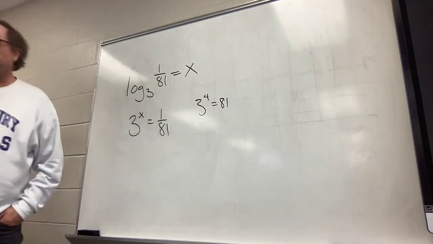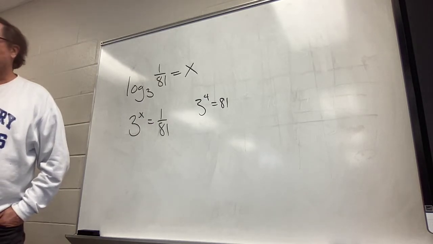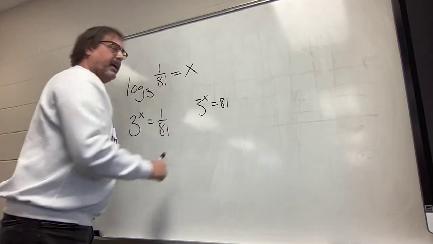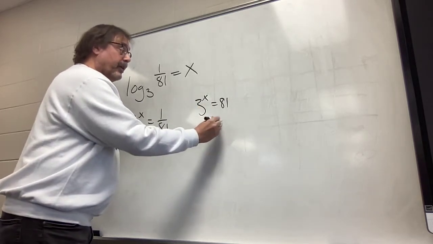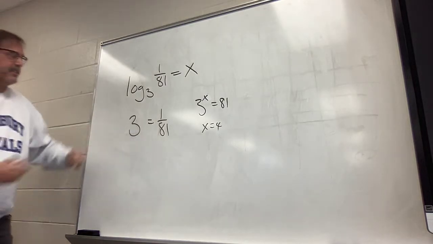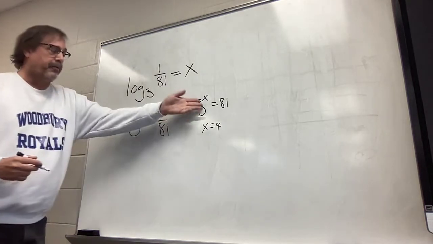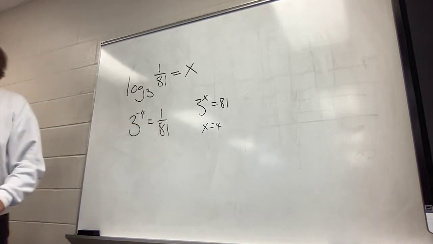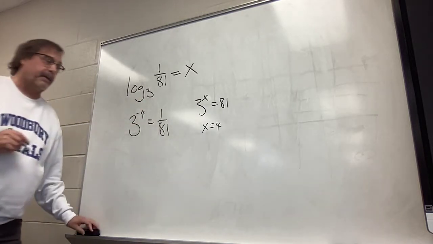Well, 3 times 3 is 9 times 3, 27 times 3. The answer here would have been 4. But since this is a fraction, we make this a negative 4, because negative 4 means it's the bottom of a fraction, or the denominator. And that's what happened on Friday.